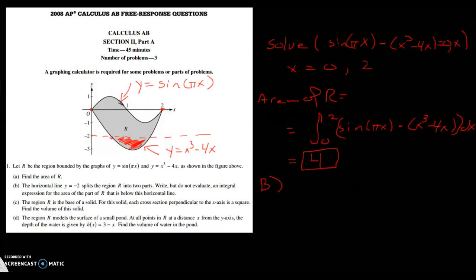But now if you notice, your boundaries just switched, so we're going to have to use our calculator again to solve. Top minus bottom, set it to 0, so negative 2 minus the bottom function, x to the third minus 4x, set it to 0, comma x.